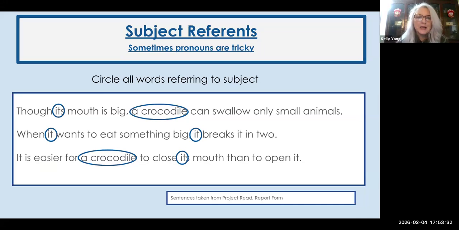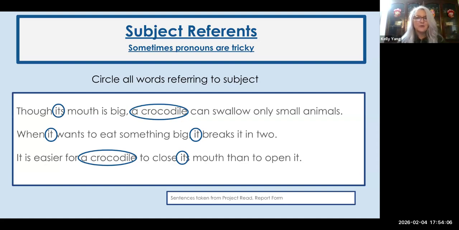It's from Project Read. You can see, though its mouth is big, a crocodile can swallow only small animals. Well, that's pretty apparent. But look at this sentence: when it wants to eat something big, it breaks it into. And there are all those its. Teaching the students how to figure out which it is referring to the crocodile, and which it is referring to something else, and what that something else is, is tricky for the students.